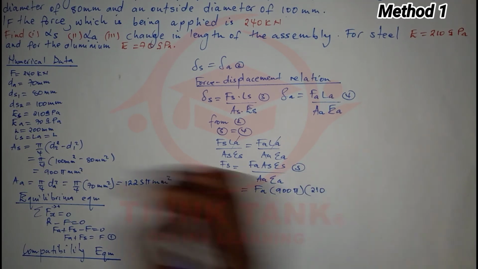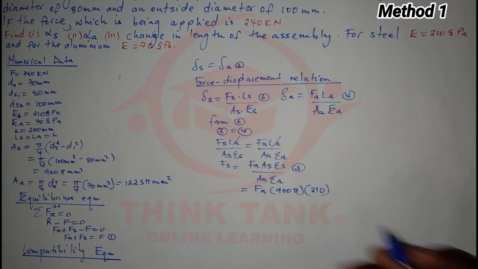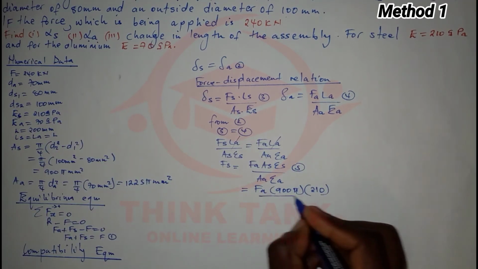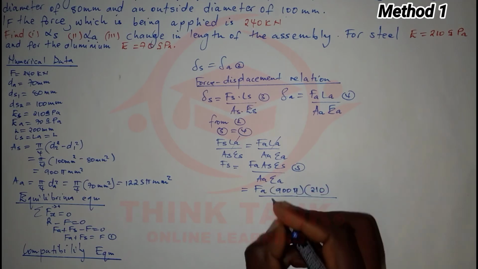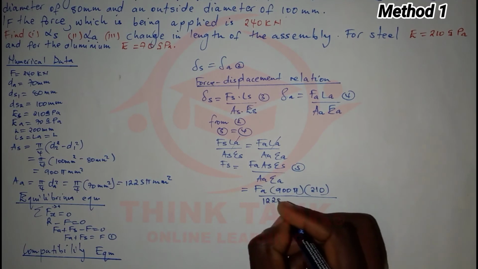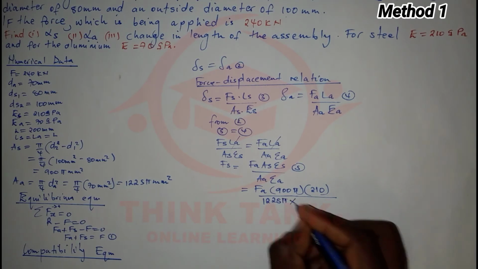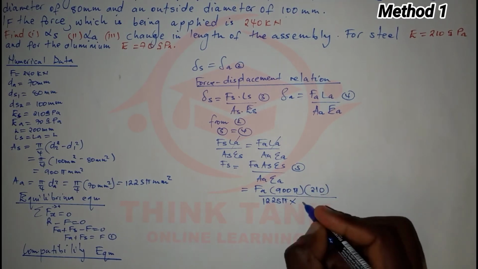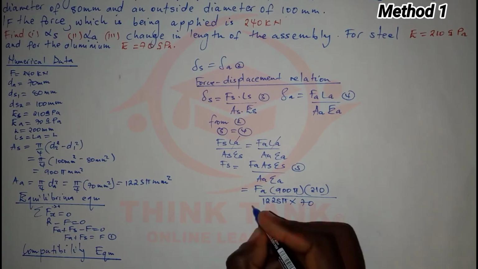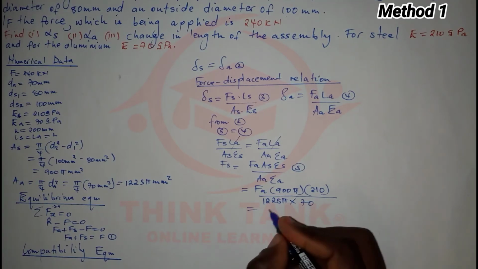We're no longer concerned about the giga, it's going to cancel each other. And we're going to have times the area of the aluminium, which is 1225 pi, times the Young modulus of the aluminium, which is 70. And if we simplify here, we're going to get FA.